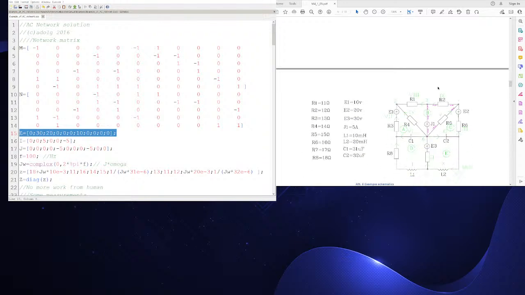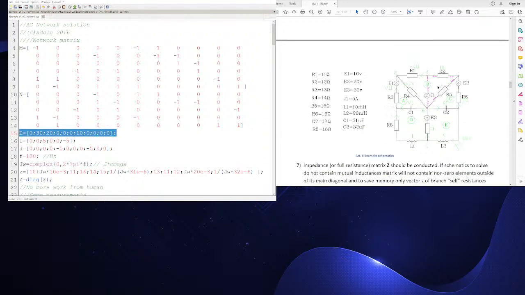Next one is the resistance matrix. Be careful. AC schematics may contain mutual inductances. If two branches are coupled magnetically, it will be reflected by the mutual inductance.